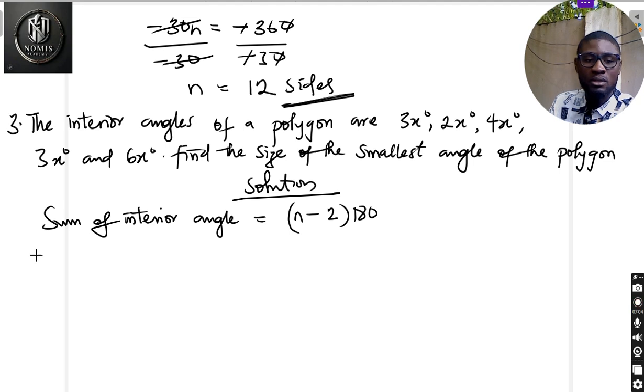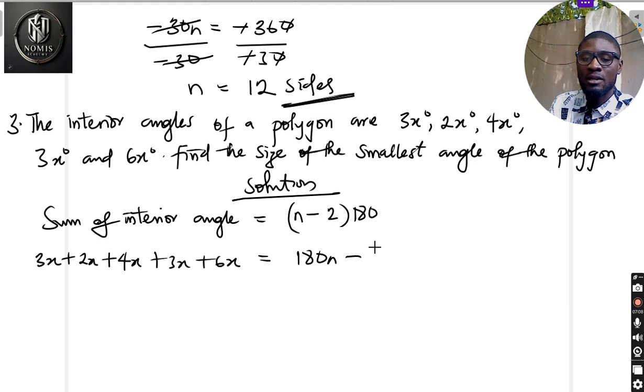That will be 3x plus 2x plus 4x plus 3x plus x plus 6x is equal to n minus 2 times 180, that is 180n minus 360. We should know the value of n, right? n is the number of sides. The number of sides tells the number of angles.